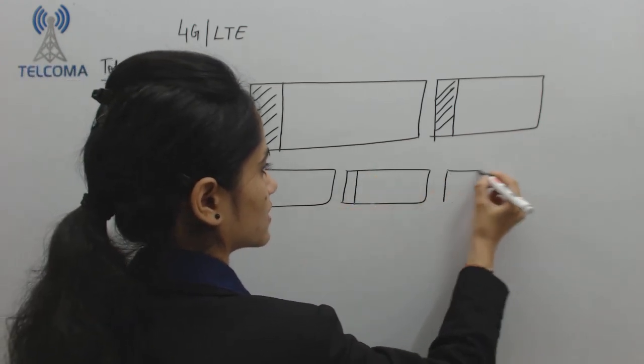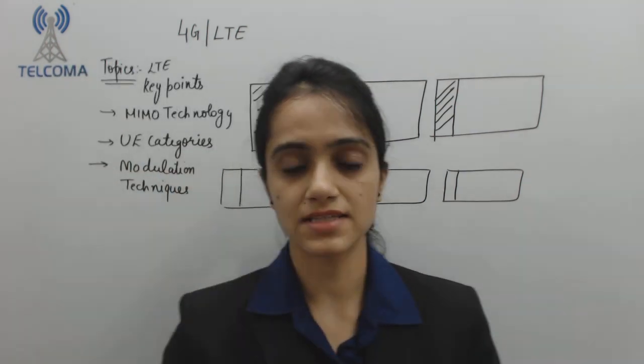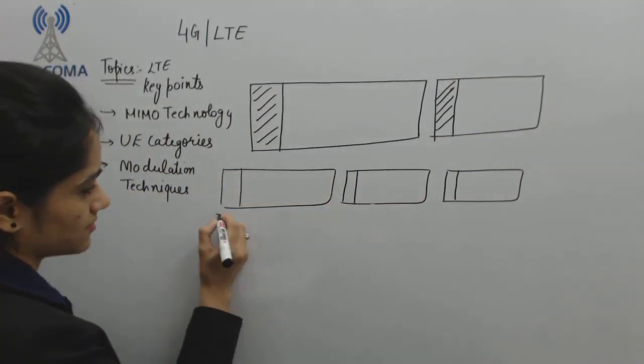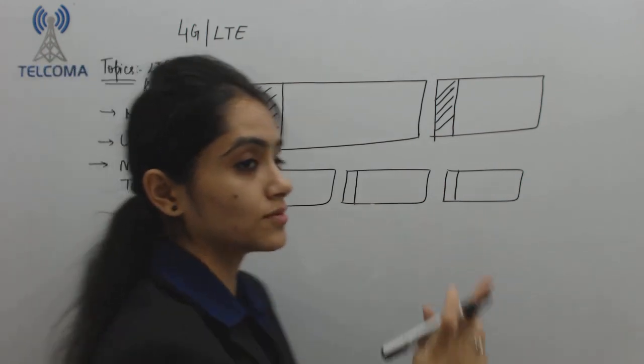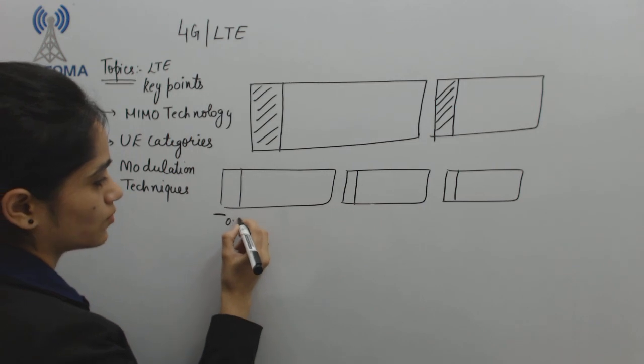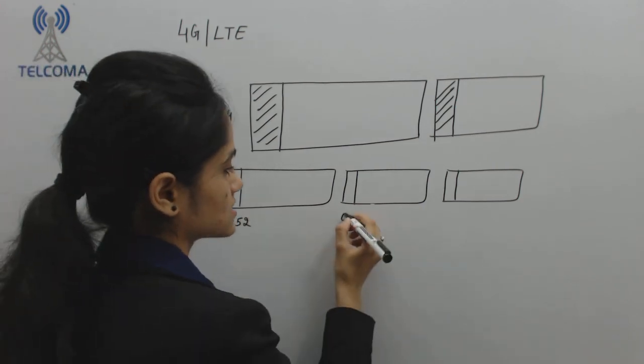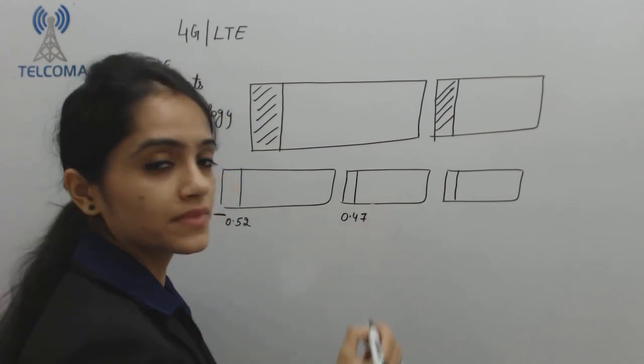This means this time duration is more as compared to the previous one. Now, this time duration is 0.52 and the rest is 0.47.